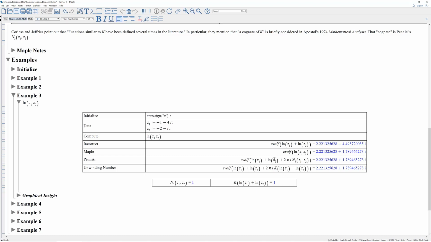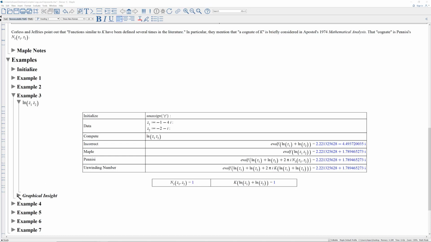If you take the sum of the logs and you use the Panisi adjustment, you need N3. Well, you will get the right answer. If you use the unwinding number correction, of course you will get the right answer. In both cases, the correction factor, either it's N3 or the unwinding number of the sum of the logs, comes out to be 1.